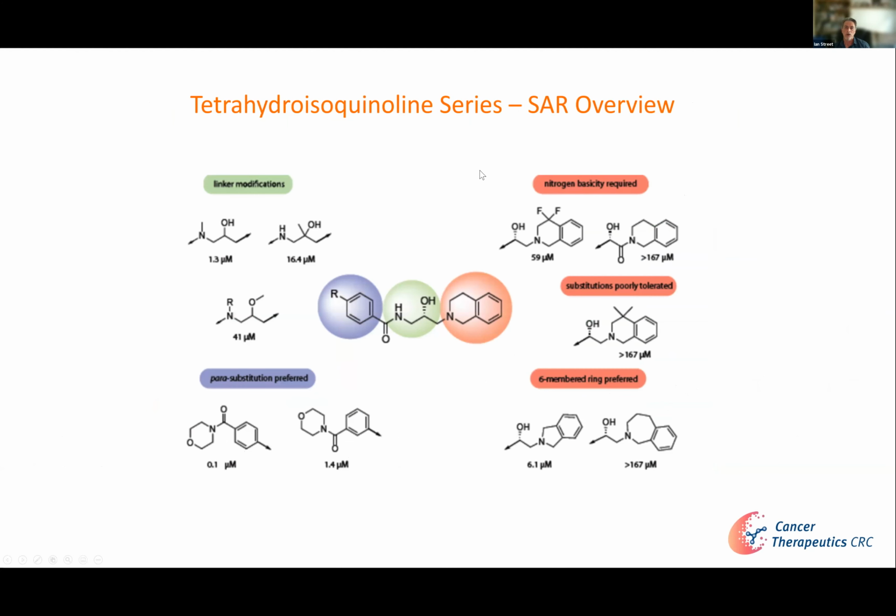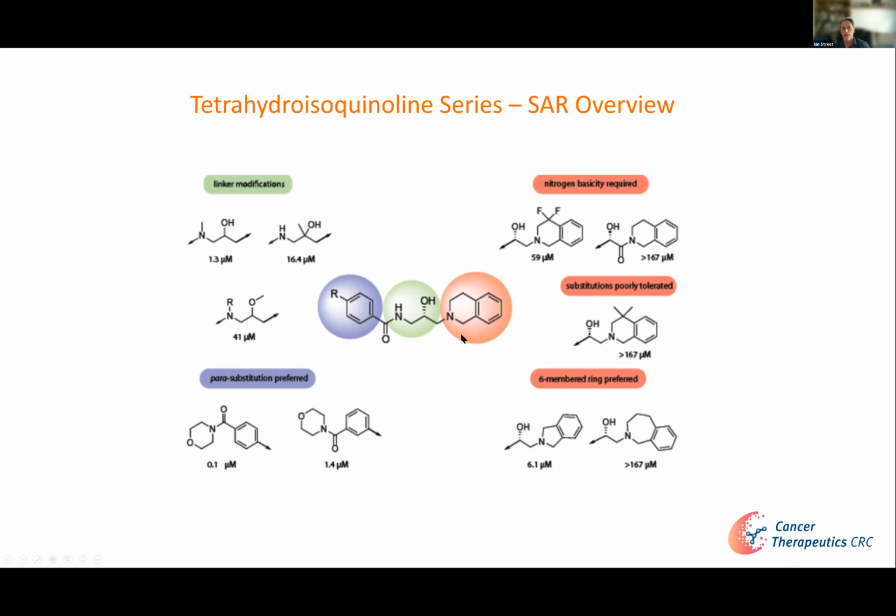So this is just one of the things that you really look for in this part of the process. This is a series 2 compound. Essentially, you can see on the left, that blue circle, the chemists found that they could vary the structure around this part of the molecule really quite drastically without affecting the potency. And this is great because it gave them somewhere to moderate effects like solubility by changing the chemistry there.